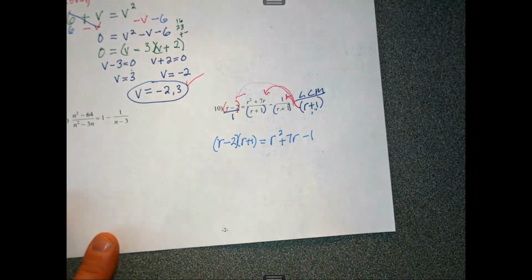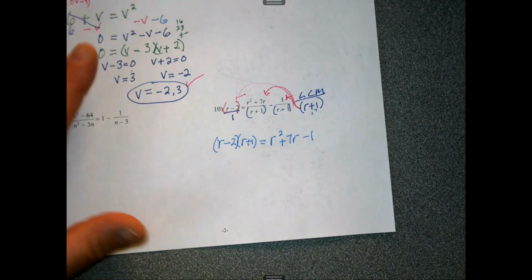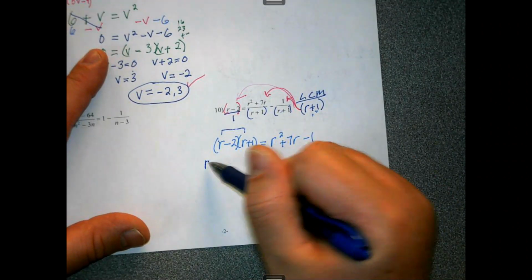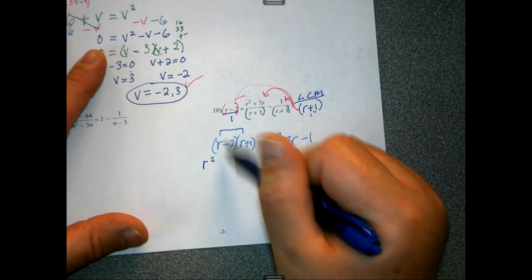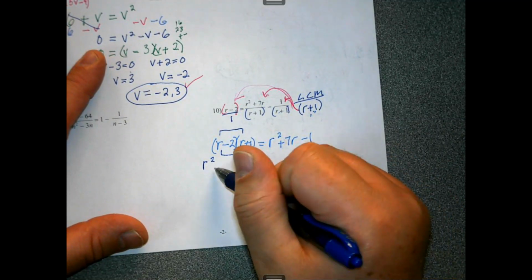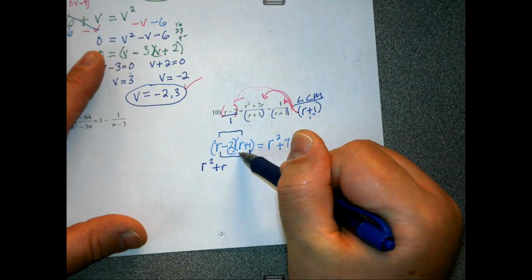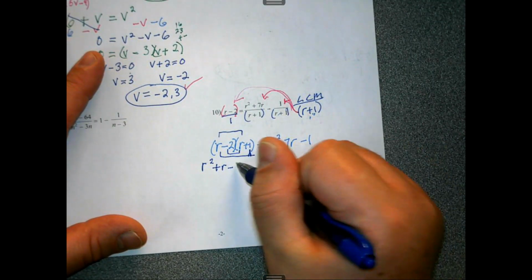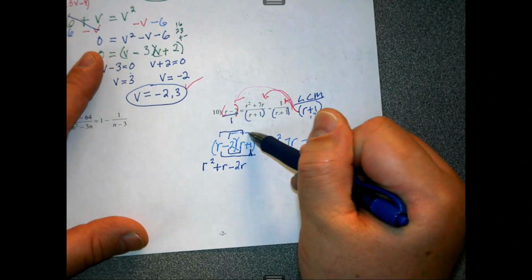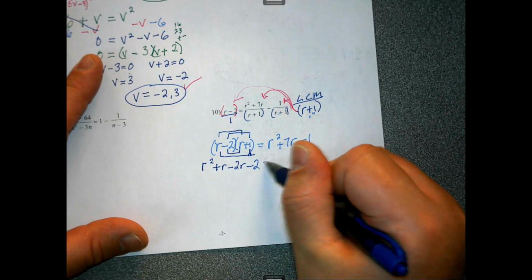I have a binomial times a binomial, so I'm going to have to FOIL. r squared. Let's see, r times 1 is 1r, so plus r. Inner, negative 2 times r, negative 2r. And then outer, negative 2 times 1 is negative 2.